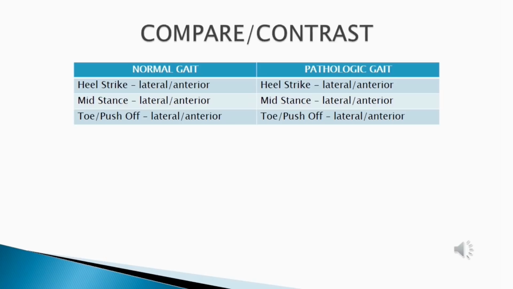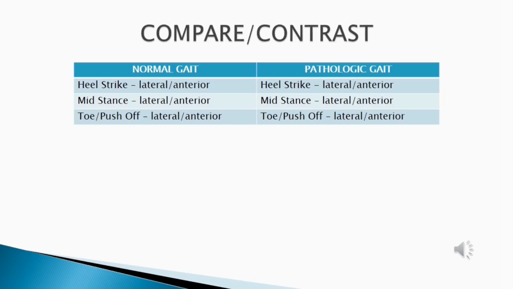So what we're going to do for the remainder of this section of the program is compare and contrast normal gait with pathologic gait at each of the subphases of the stance phase of gait. So we'll consider normal gait and what happens at heel strike from both the lateral and anterior view.